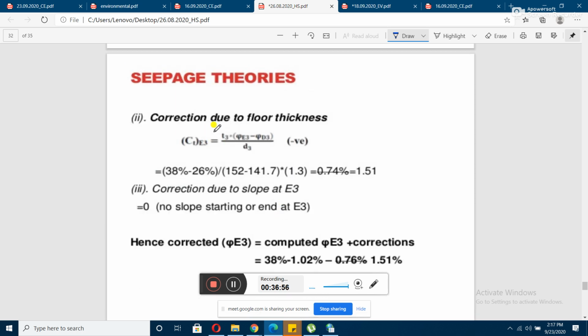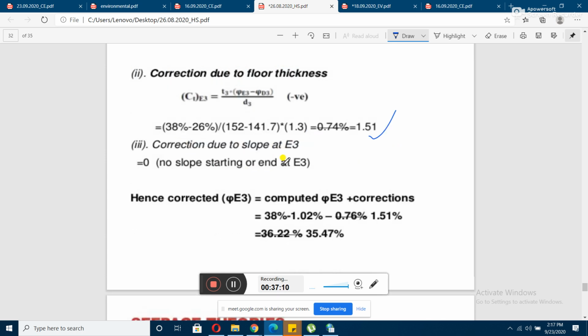After that, we will again do the correction for the floor thickness through the unitary method. The same procedure will be followed, and the value is calculated to be 1.51. There is no correction for the slope, because at that particular juncture there is no slope, the floor is horizontal. So there is no requirement for correction due to the slope. In the end, we will get the computed value and do the corrections, and it turns out to be 35.47.